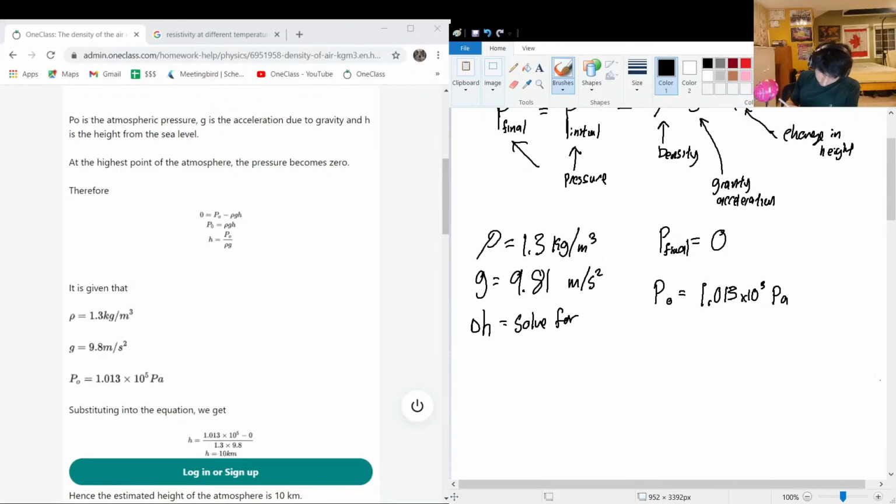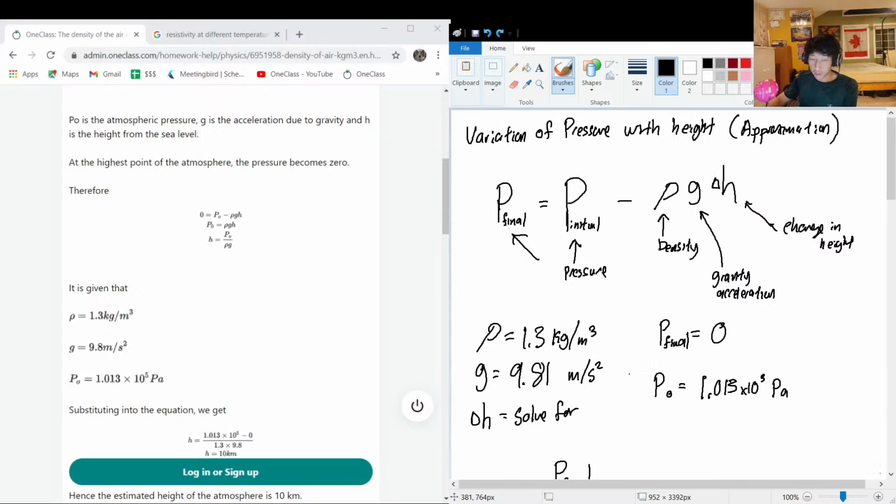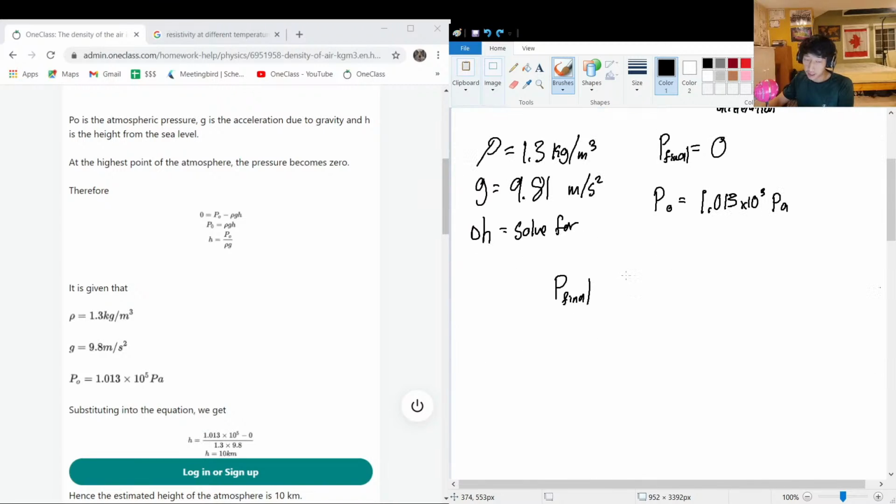Let's do some algebra. Actually, let's do all of the algebra before we substitute our numbers. So we know we have P final is equal to P initial minus density times G times delta H. Let's move the density G delta H term to the left and P final to the right side.